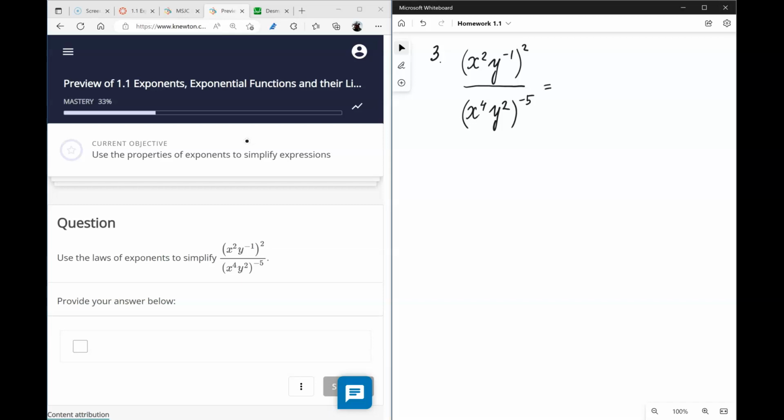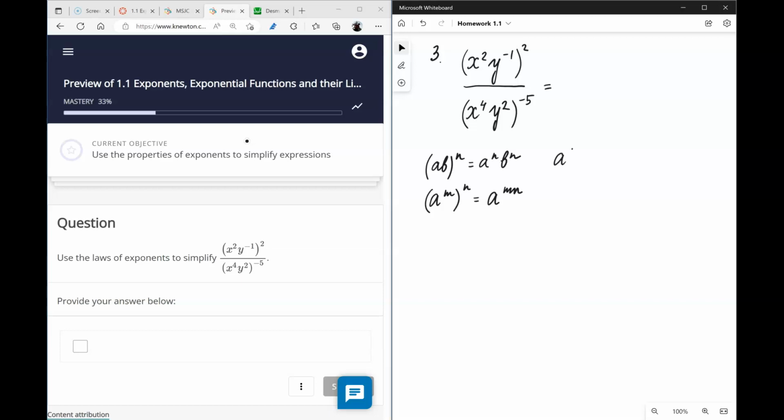So we're going to use, and I'm going to list the properties that we need right over here. An exponent can be distributed over multiplication and division. Also, when you have an exponential expression as a base of another exponential expression, it can be simplified like this.